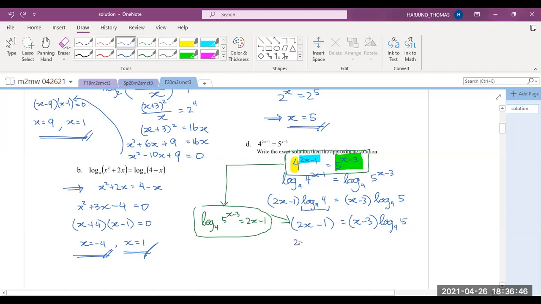Now I will distribute log base 4 of 5 on the other side. And then collect the x's on one side and constants on the other side.